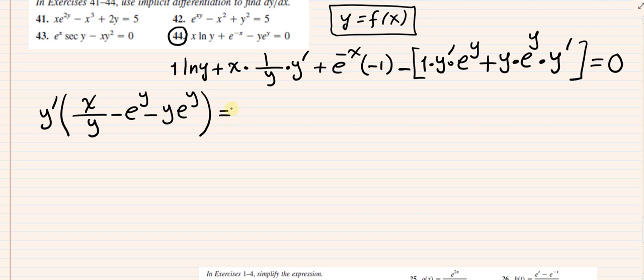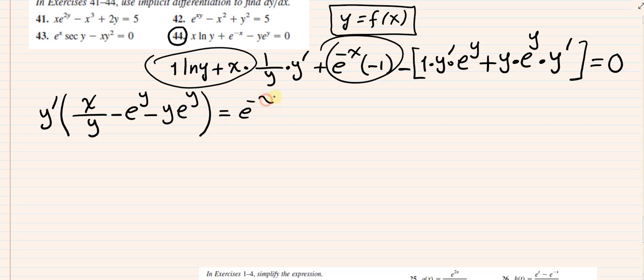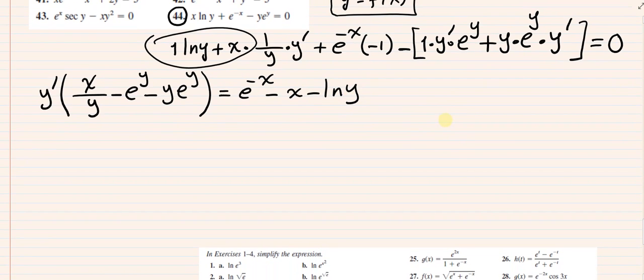Okay, and the non-y prime items, we're going to ship them to the other side. So on the other side, I'm going to get e to negative x, that's negative of e to the x, move to the other side, minus x minus ln of y. Now, let's see, what else can I do here?